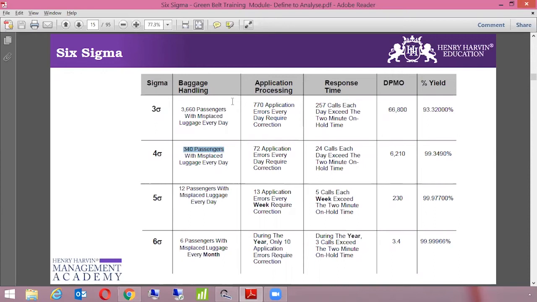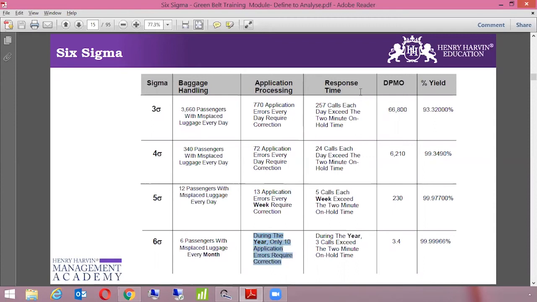The higher the sigma level is, the fewer the defects and defect opportunities. Similarly, for application processing, at 3 Sigma there were 770 application errors. When the team reaches 4 Sigma, it's 72, at 5 Sigma, 13, and at 6 Sigma, during the year, only 10 application errors require correction.